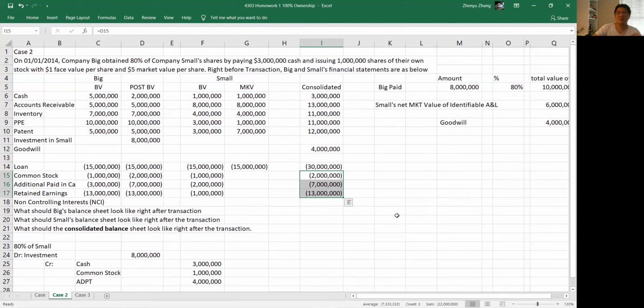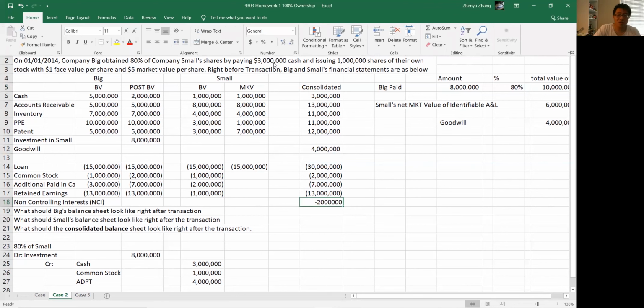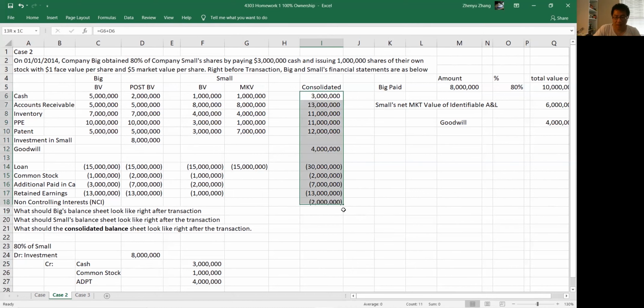So the other folks, their value is worth 2 million. 10 million subtract 8 million is 2 million. So let's put it here as equity. Although they are not the boss, they own parts of the company, of small to be more exact. Now I think they should balance.